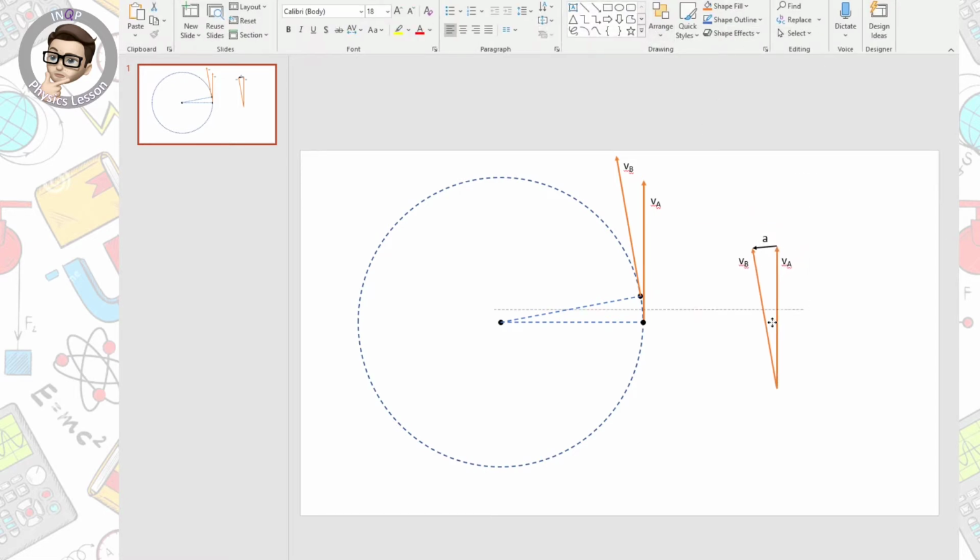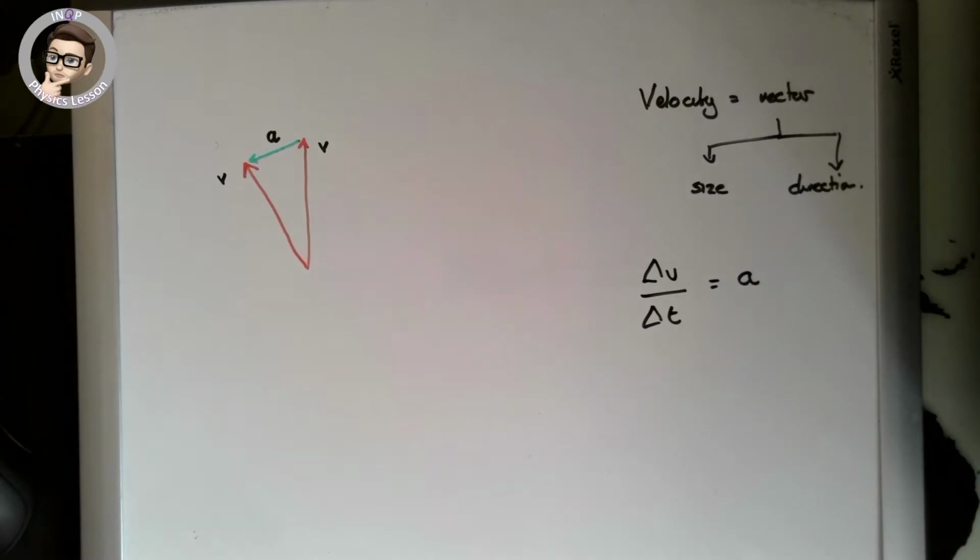So if we go back to this here, and we overlay it, you can see that at the point B, that acceleration vector is acting down the radius of the circle towards the centre. So wherever we take it, that acceleration is going to act towards the centre of the circle. And that's really, really important.